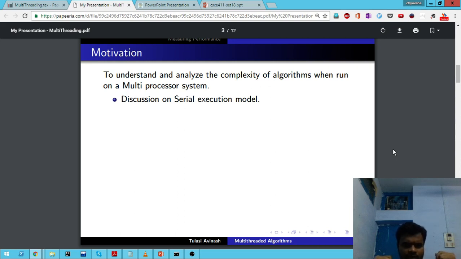So the study of multi-thread algorithms, and learning to estimate their complexity, can give a good perspective in analyzing the complexity that applies in today's multiprocessor systems.